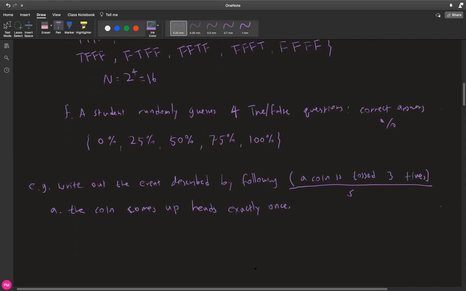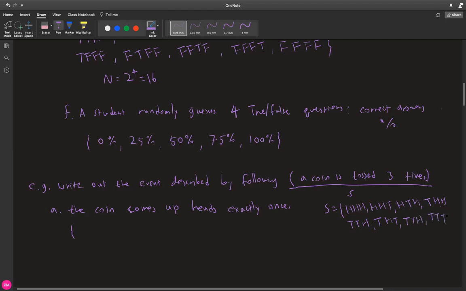We know that the entire sample space in this case would be heads, heads, heads; heads, heads, tail; heads, tail, heads; tail, heads, heads; tail, tail, heads; tail, heads, tails; heads, tail, tail; and lastly we can have all tails.